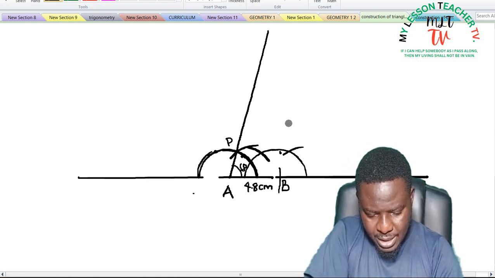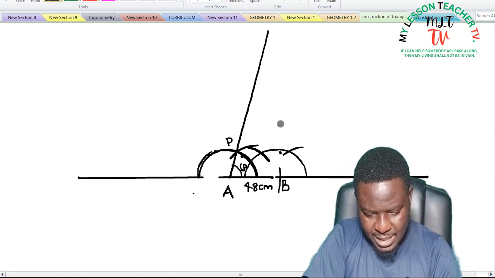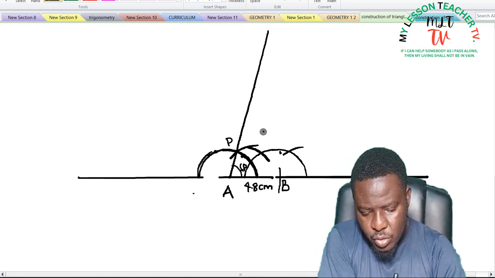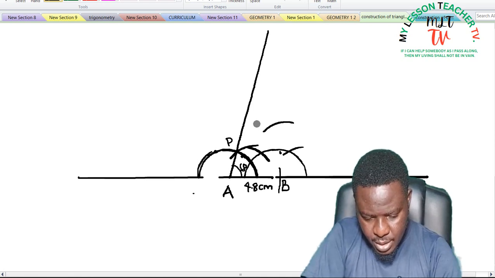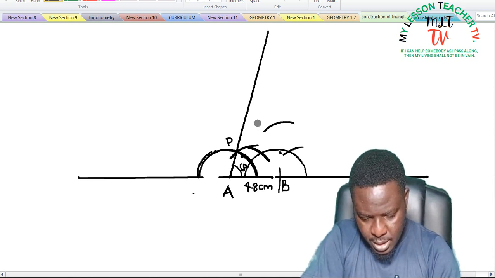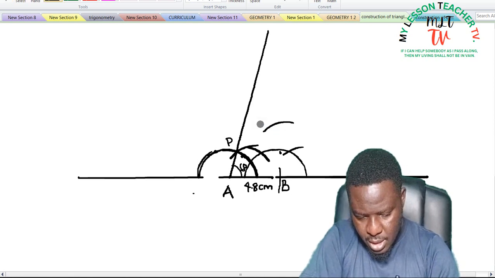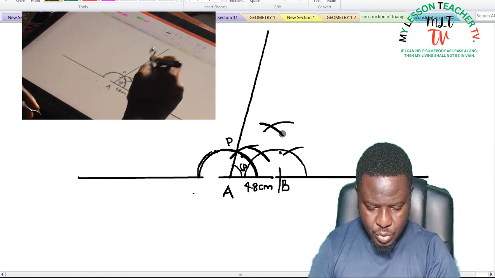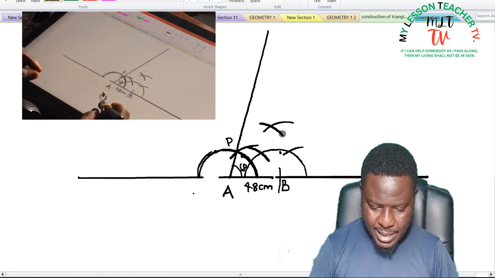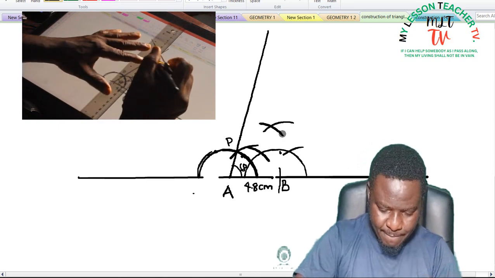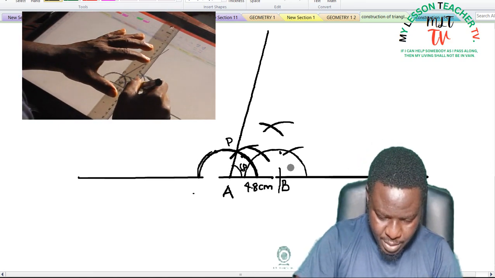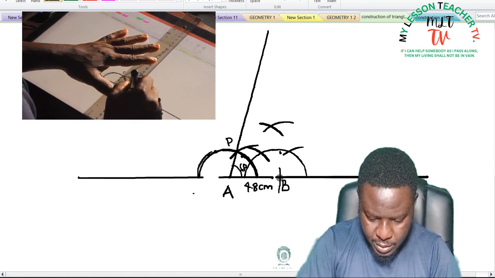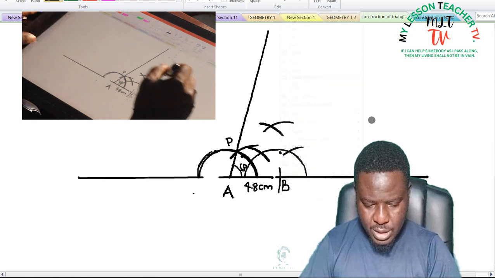I want to construct 90 so that by the time I bisect 90 and 60, it gives me 75. So when you construct this arc with this as center, you also construct another arc. So I'll now join line B to this. That gives me my angle 90 degrees. Oh, okay. Please let me reconstruct this again.